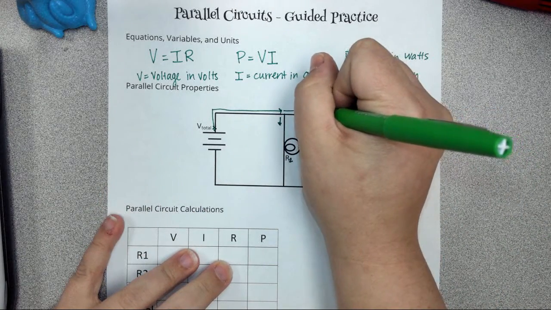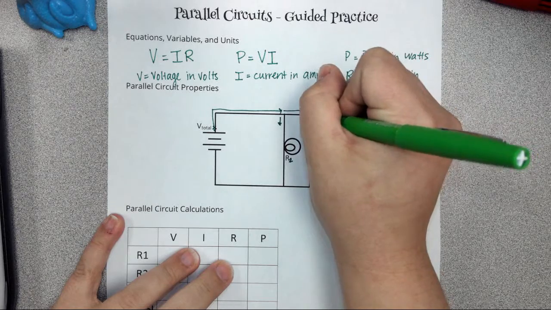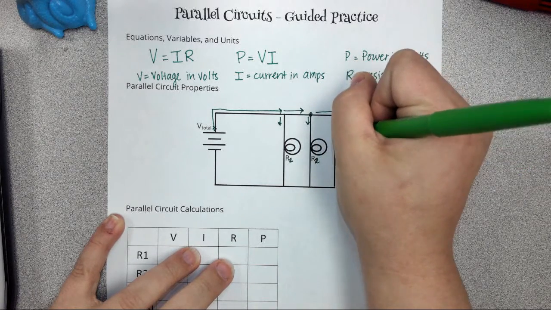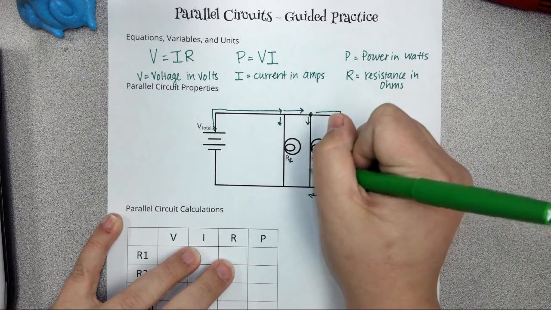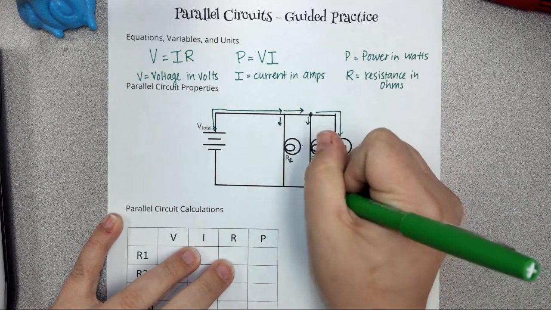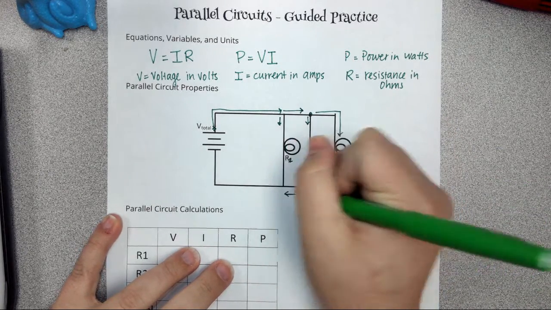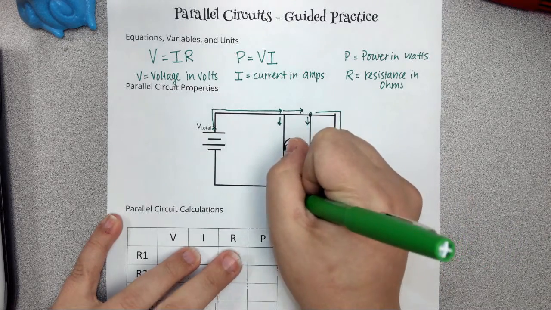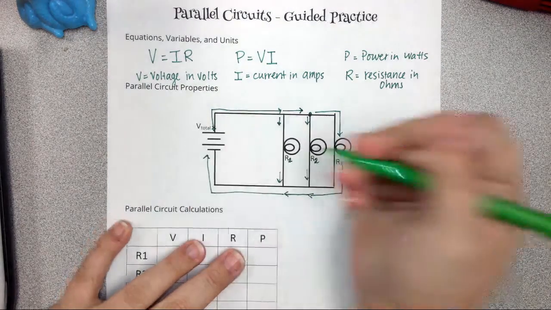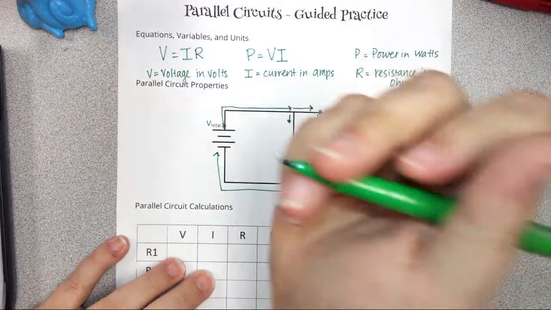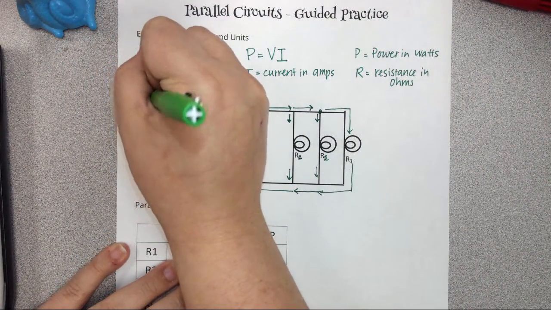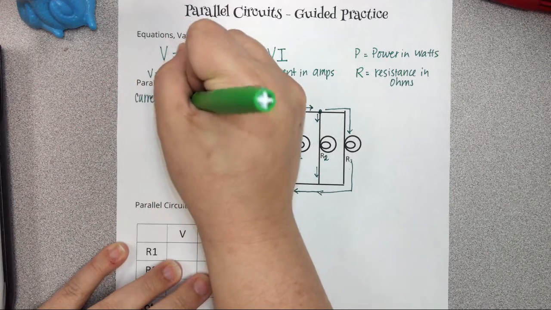The charges that are left over, once they get to this branch point, some will go through and some will keep going all the way around. When they get back to this branch point on the other side, they'll pick them up. They'll move on together, pick these guys up, and continue on back. So in a parallel circuit, we say that current is additive.